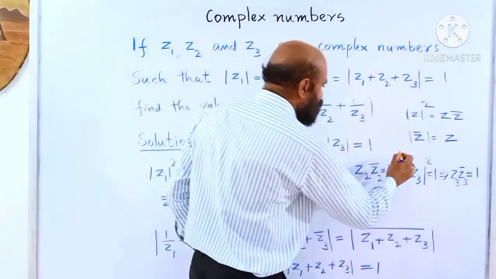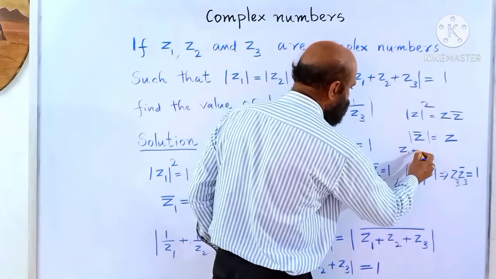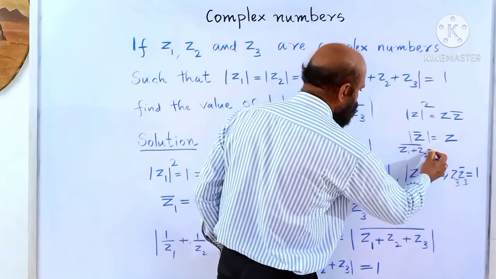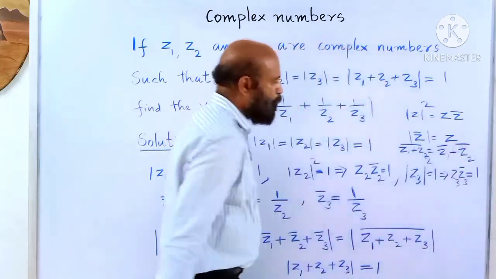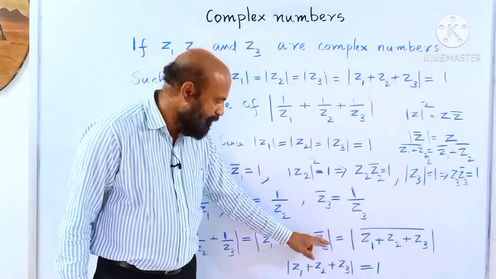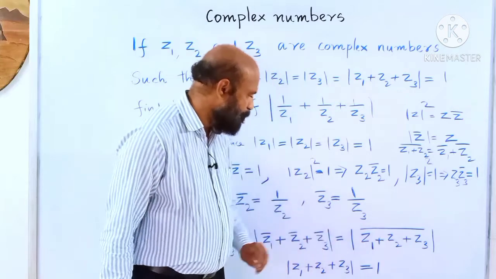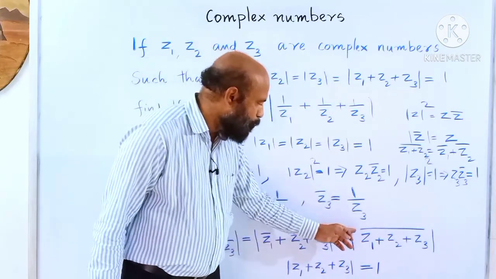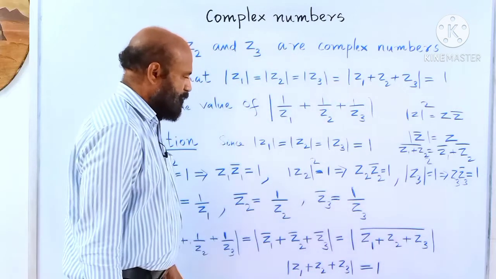And this property: conjugate of Z1 plus Z2 is Z1 conjugate plus Z2 conjugate. Here Z1 conjugate plus Z2 conjugate plus Z3 conjugate, so you can write this like this: conjugate of Z1 plus Z2 plus Z3.